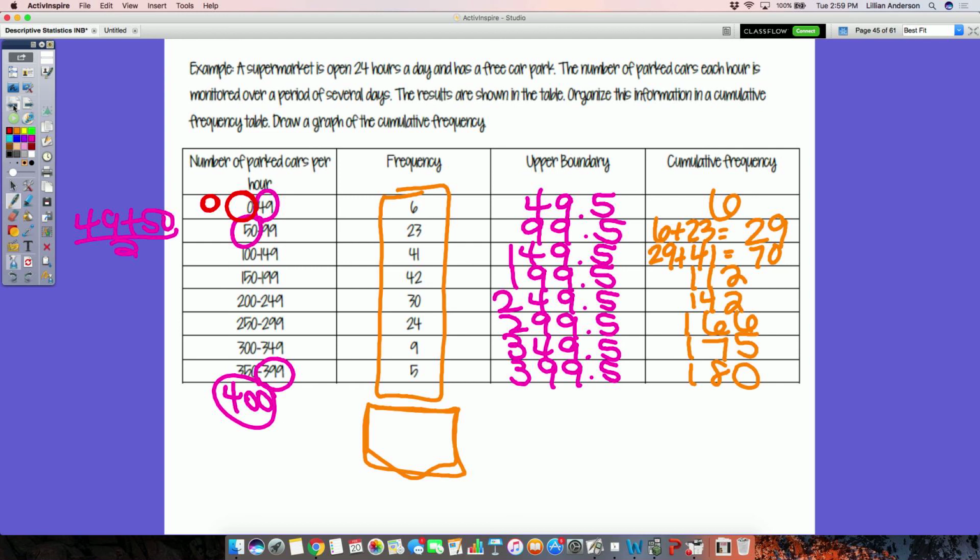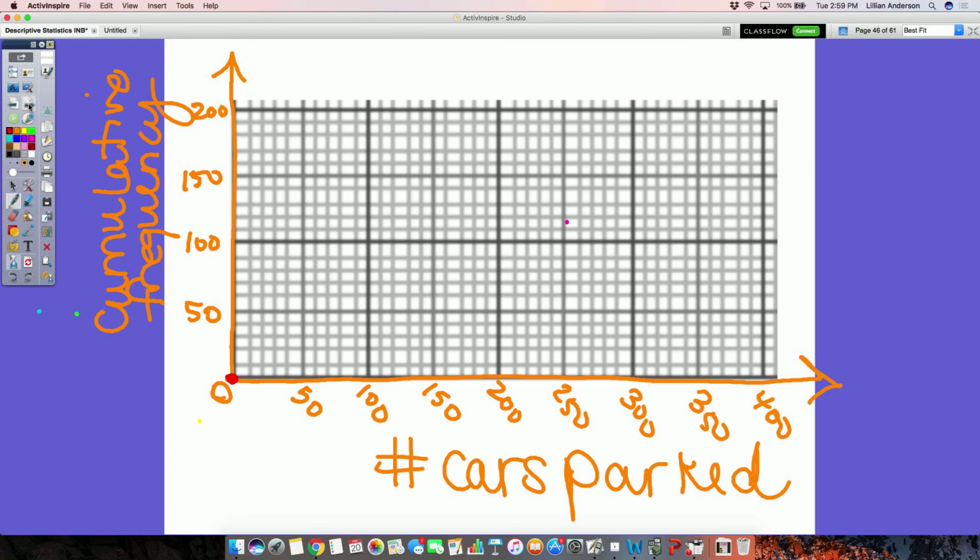So from here, all we do is plot our points. 49.5 and 6. 49.5 is very close to 50, if not almost lying on 50, right? And then we're going to be at 6, which is going to be before that first line going horizontally.